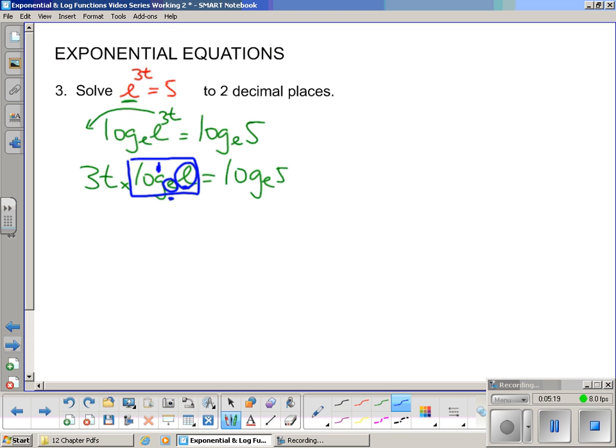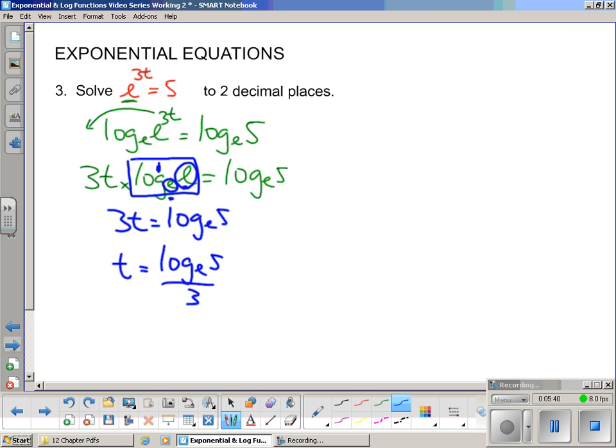So this bit here in the box equals 1. So we're left with 3t equals just the log to the base e of 5. And to get t on its own, as you could probably predict, we divide by 3. Log to the base e of 5, over 3.